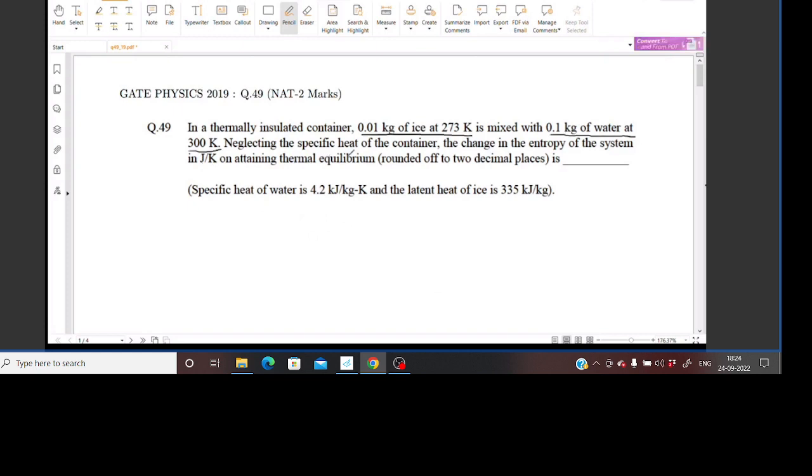Neglecting the specific heat of the container, we need to find out the change in the entropy of the system in joule per Kelvin on attaining thermal equilibrium.